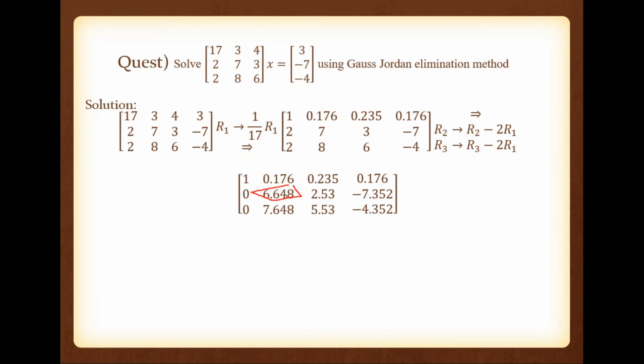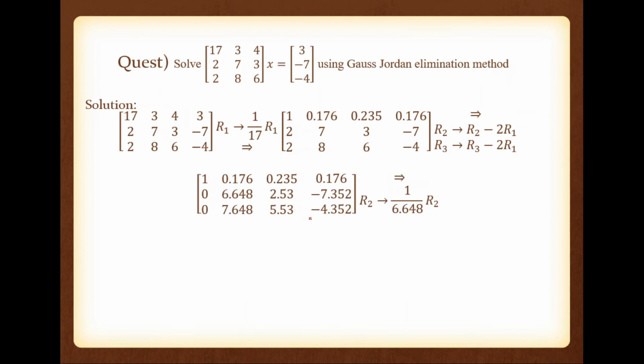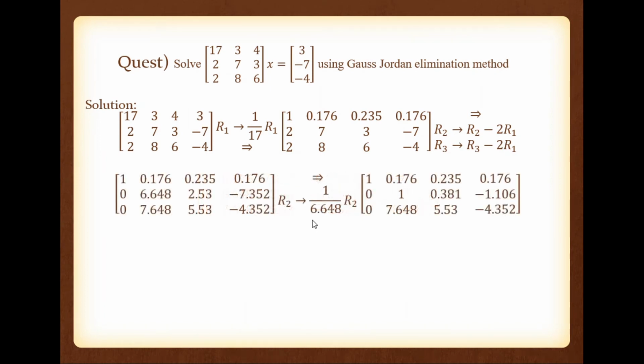So what is the first step of the second elimination? This pivot must be 1. This is the second row, so R2 is equal to R2 divided by 6.648. The resultant augmented matrix is 1, 1.176, 0.235, 0.176; 0, 1, 0.381, minus 1.106; 0, 7.648, 5.53, minus 4.352.